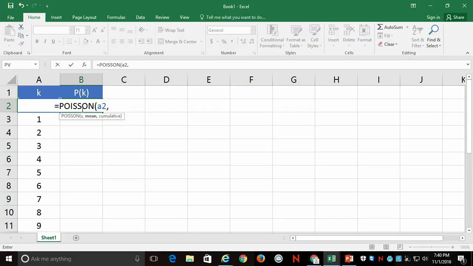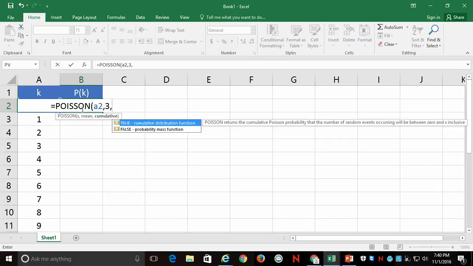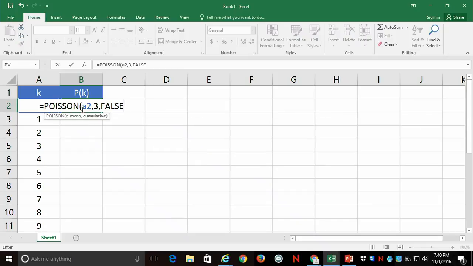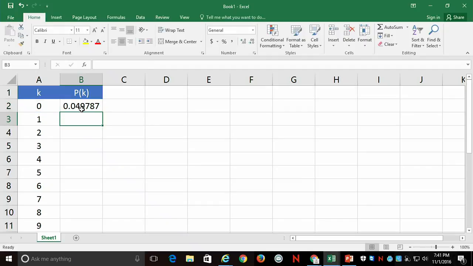I give it the lambda, or the mean, and if I'm talking about a half hour and it's 6 per hour, I'm just going to plug a 3 in there. And I'm looking for point probability, so I'm just going to do false because I'm not looking for cumulative probability. So A2, comma 3, comma false. It tells me the odds that I don't get any customers in the next half hour is 5%.